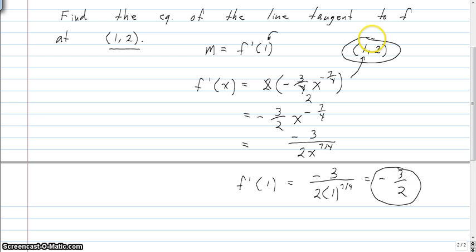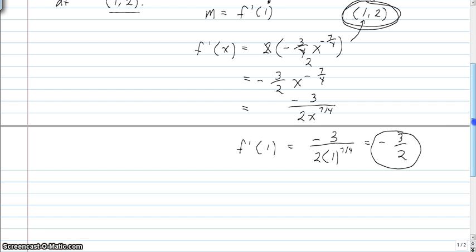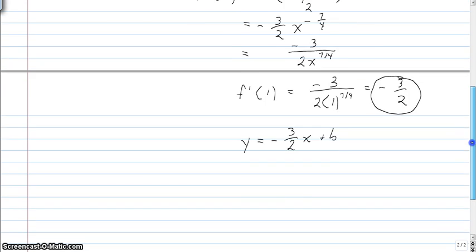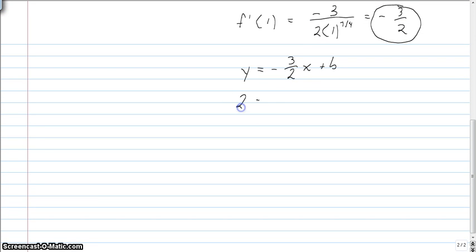Now I've got the slope and a point, so now I can go find the equation of the line. I've got y equals mx plus b, and I know that the x value is 1 and the y value is 2.